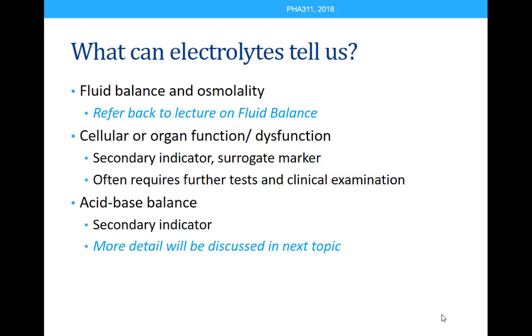They can also tell us about some cellular or organ function, plus acid-base balance. So, when we discuss acid-base balance next time, then we will see how electrolytes can also inform us about acid-base disorders. Okay, but their main role will be in determining fluid balance and osmolality.